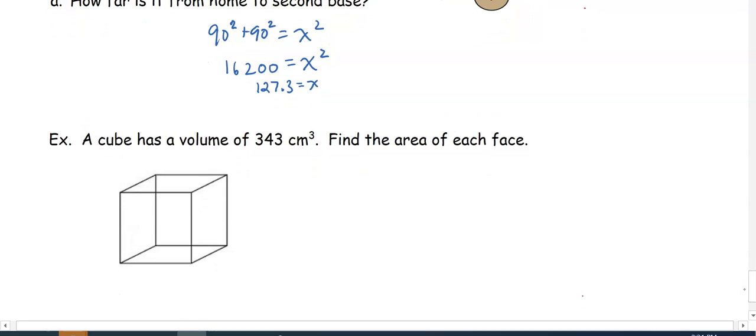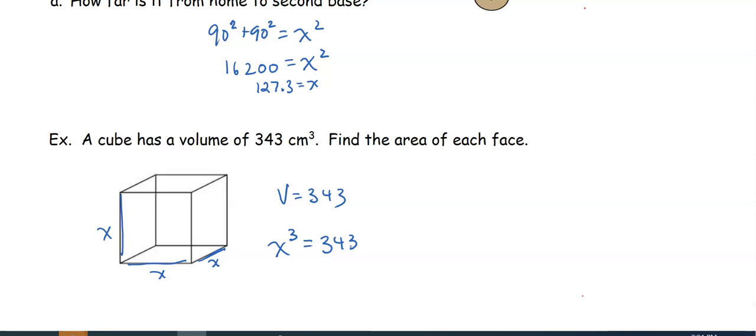And if I had a cube and I gave you the volume, given the volume of a cube, we can always find the side length of the cube. Since we know the side length is x, and since it's a cube, they're all the same, we know that x cubed equals 343. So if we take the cubed root of 343, we get 7.